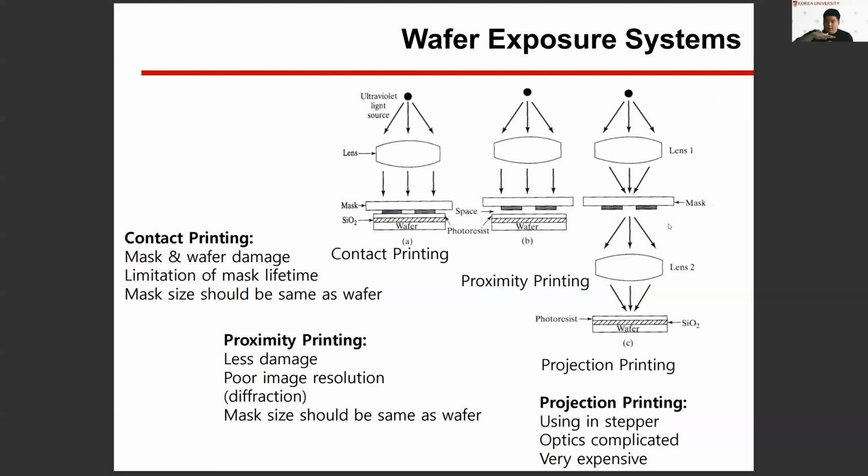The mask and the wafer are not in contact, but as you can see, there is another lens system between the mask and the wafer. So the scattered light can be focused again to make a clear image on the wafer. However, because it has far more devices inside the system, the system itself is extremely expensive.